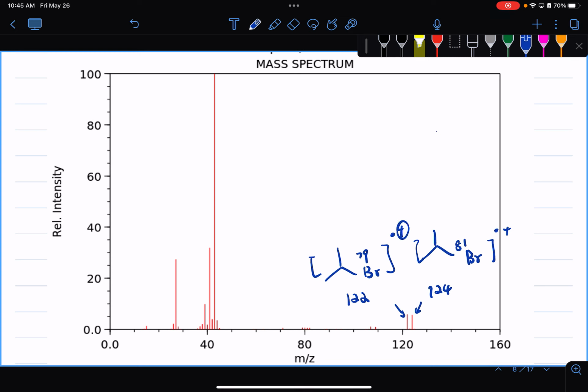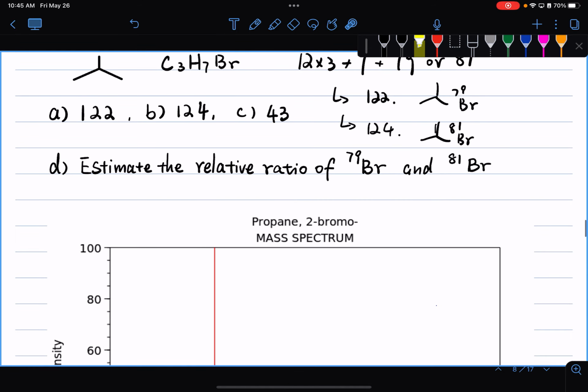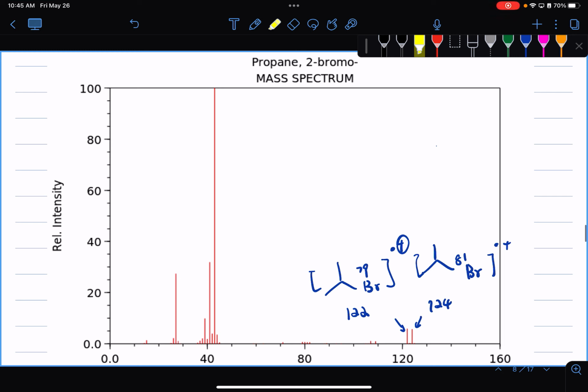Now we have a big peak at 43. That's our base peak. And this peak doesn't have any stable isotopes associated with it. So that's a hint in which bond we're cleaving to form the fragment at peak 43.